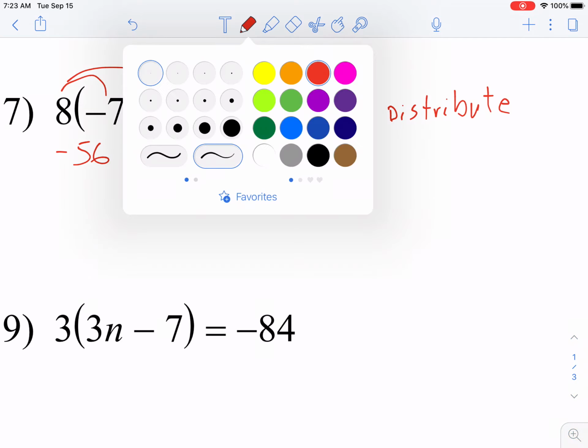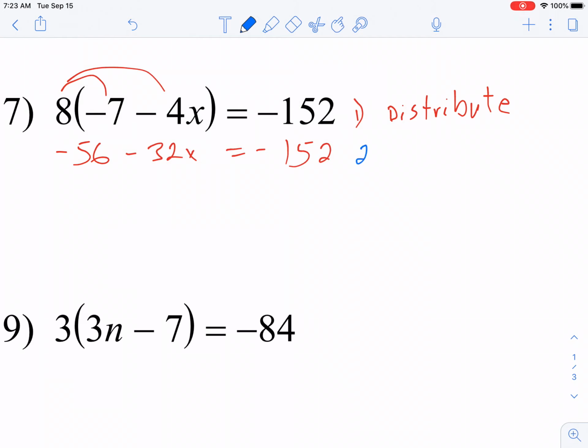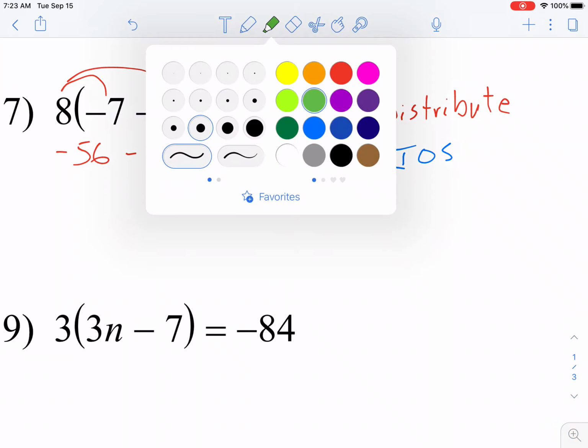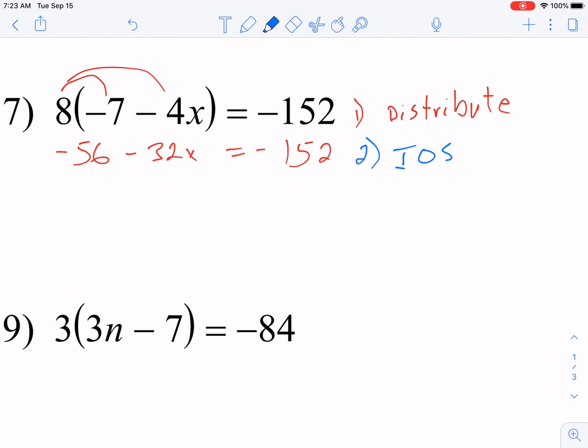The second step that we're going to do is called the inverse of subtraction. We want to get rid of this negative 56 right here. And so to get rid of negative 56, you're going to add 56. Remember, the word inverse means to do the opposite.